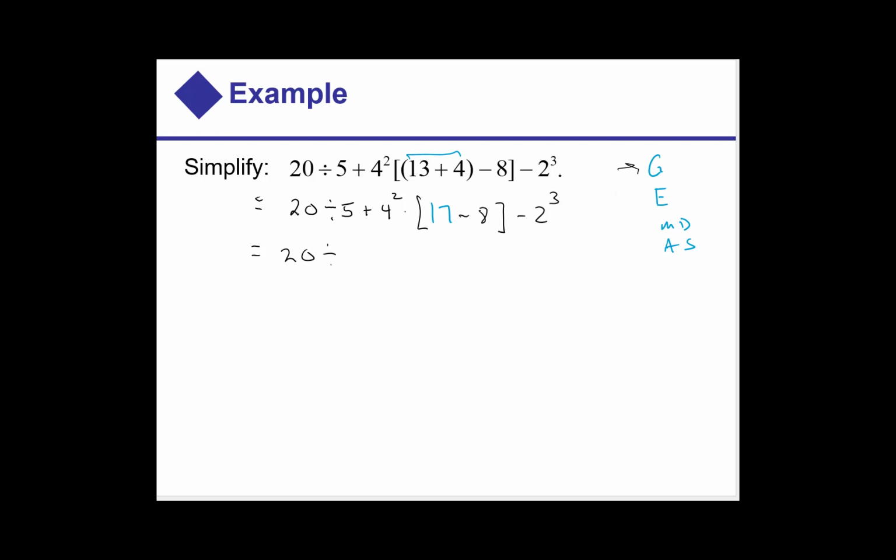20, the division has to wait. The add has to wait. The second power on the 4 has to wait till we're done with the group. So 17 minus 8 is 9. There we go. The group is done. Now, you could drop the parentheses.